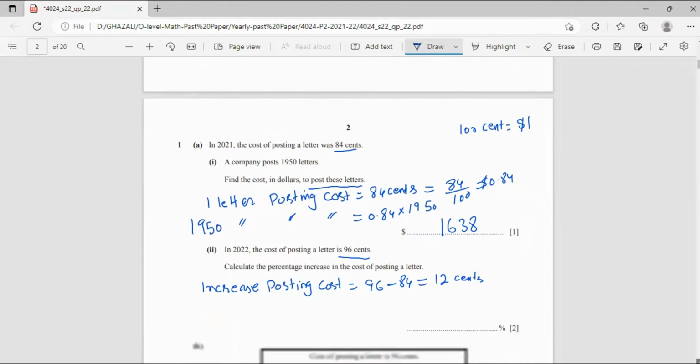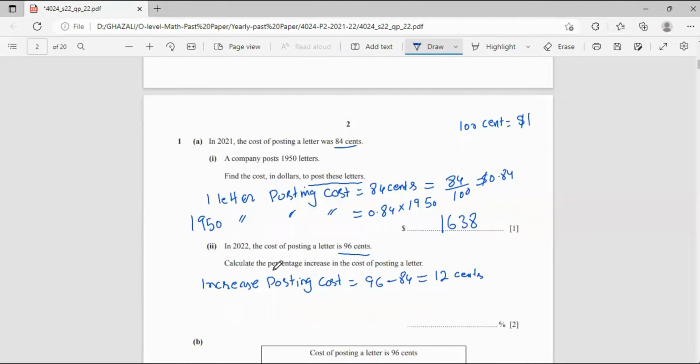Now, next step, calculate the percentage increase. Percentage increase is equal to increase value divided by original value, multiplied by 100. Here, increase value is 12.